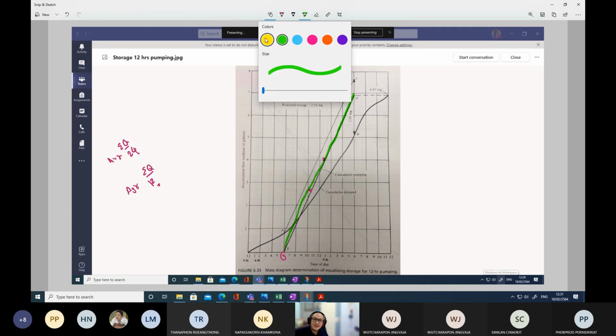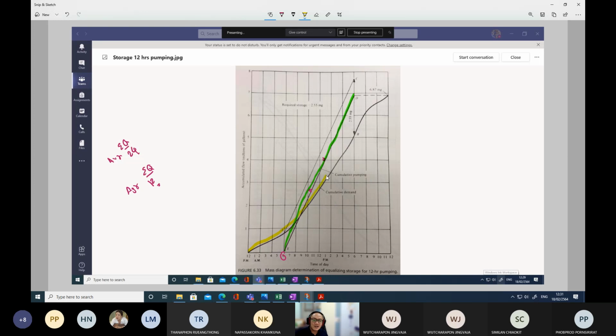Then this is the same line, the demand over 24 hours, but our problem is we only operate the system for 12 hours, from 6 o'clock in the morning until 6 o'clock in the evening. So what we can determine, again, we apply the same concepts, but be careful.